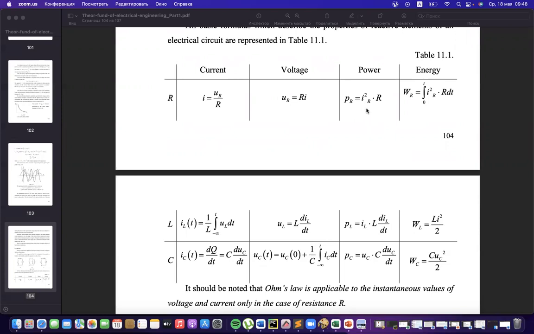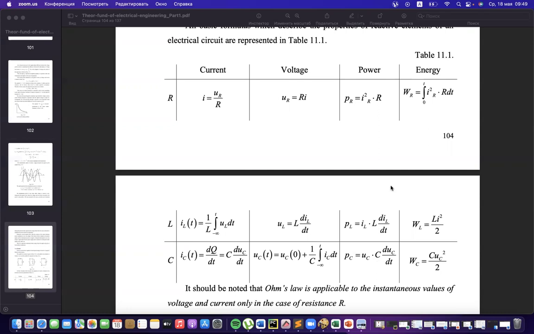The power equation: instantaneous power as Joule heating, where current will be sinusoidal. For coil and capacitor, it is the multiplication of current by voltage. Or we substitute this derivative instead of voltage, or we substitute this derivative instead of current.